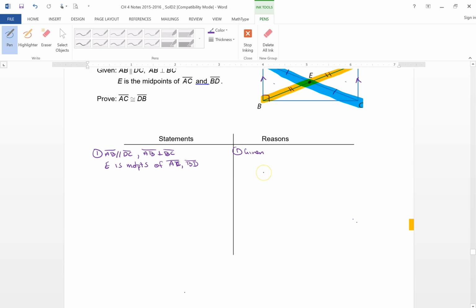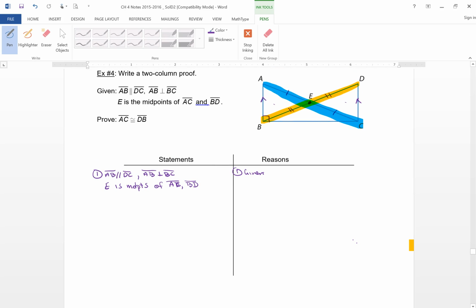Now, since I have the midpoint, I can show that AE is congruent to CE, and BE is congruent to DE. Why? Midpoint theorem, you're right. It's not definition.